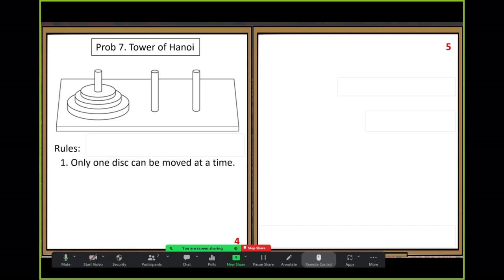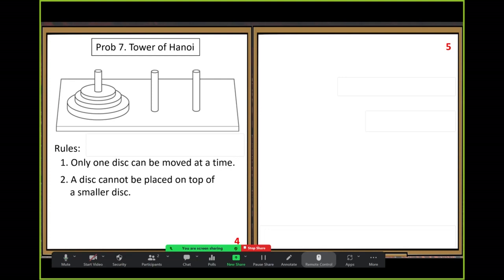Only one disk can be moved at a time. One disk at a time, not a whole stack, not multiple disks. So the first rule is a simple rule. Second one: a disk cannot be placed on top of a smaller disk. There are 3 disks with different sizes: the biggest, the middle one, and the smallest.